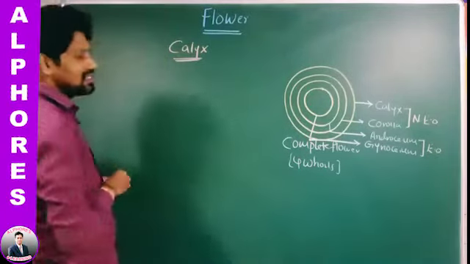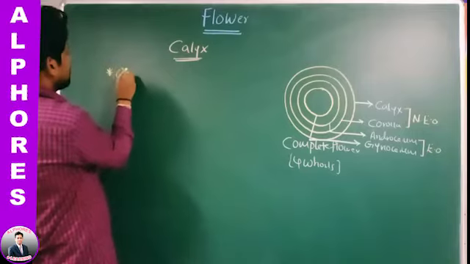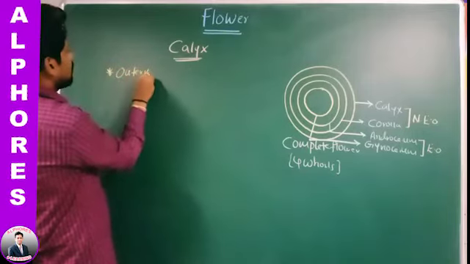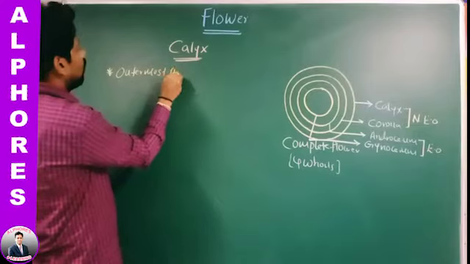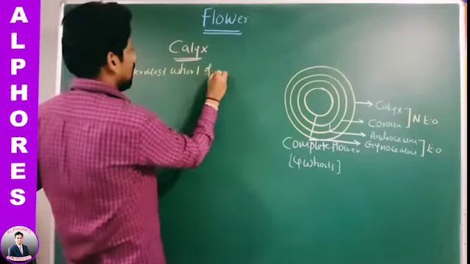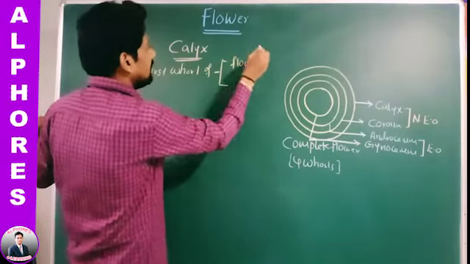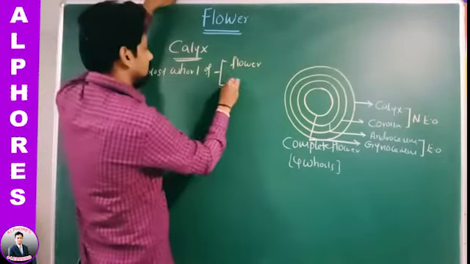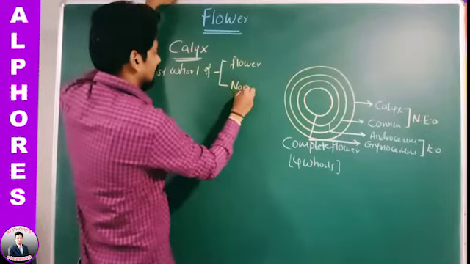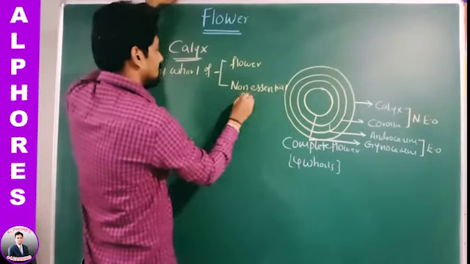Therefore, calyx is the outermost whorl of non-essential organs.